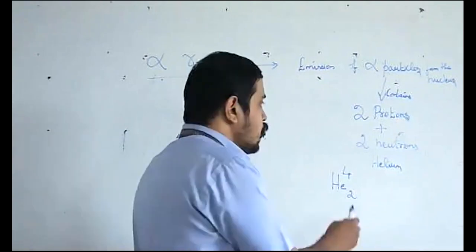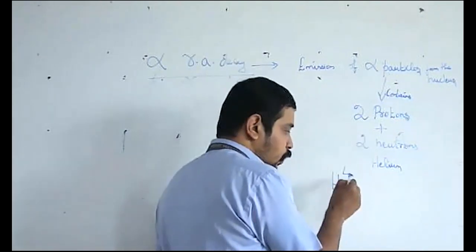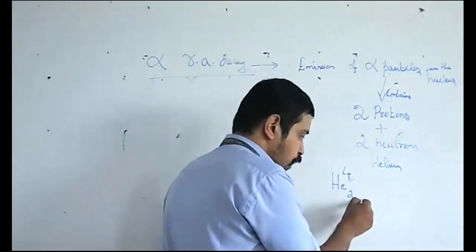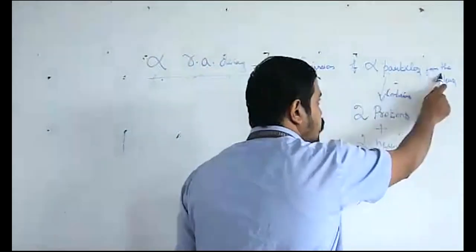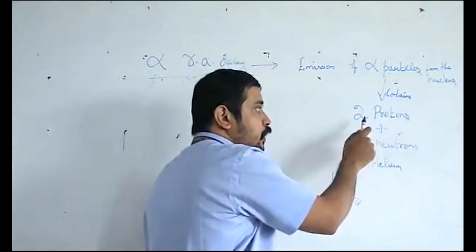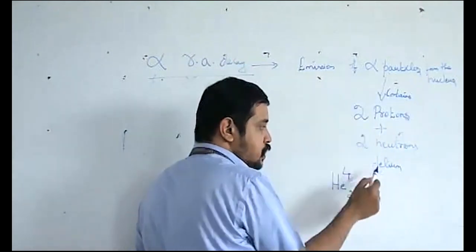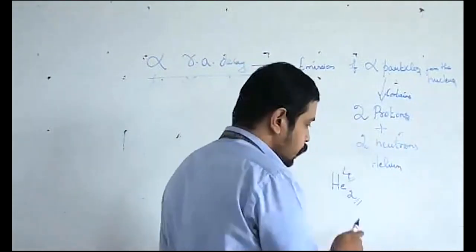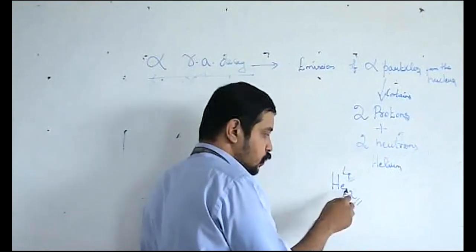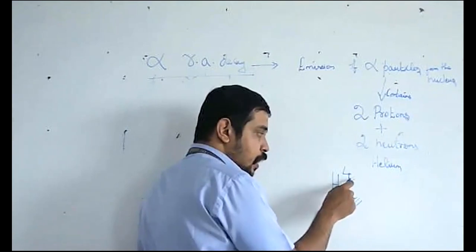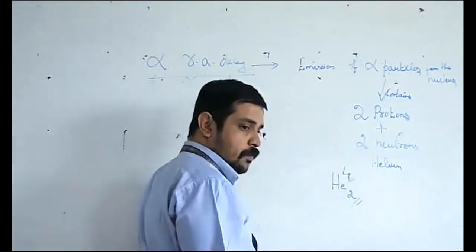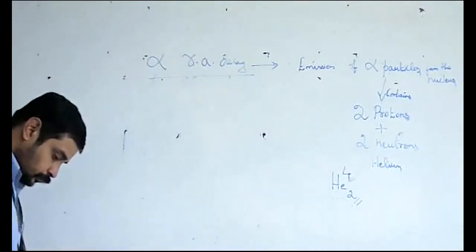Very simple. The atomic number or the proton number is 2. So an alpha particle, identical to helium, is represented by helium, mass number 4, atomic number 2.